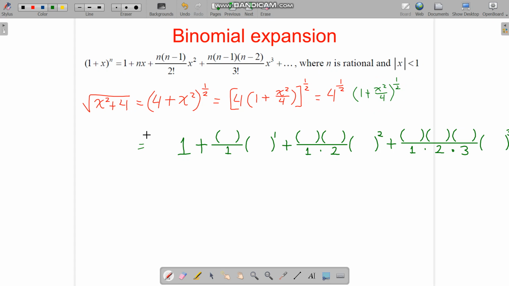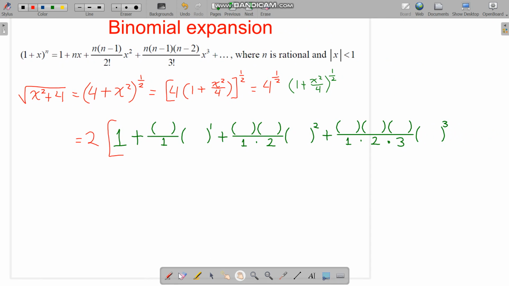So 2 times everything here. The x is x squared over 4, x squared over 4, x squared over 4, x squared over 4.